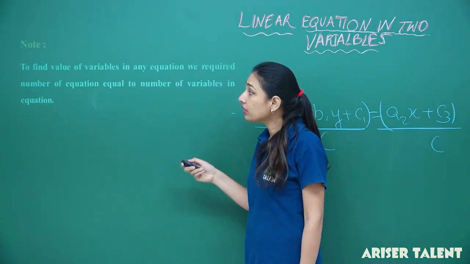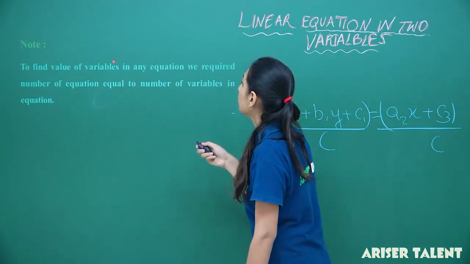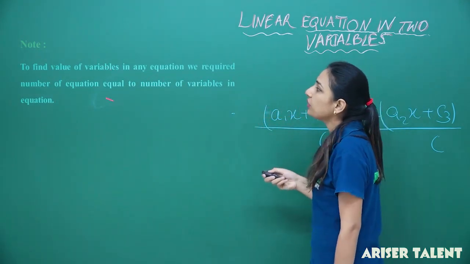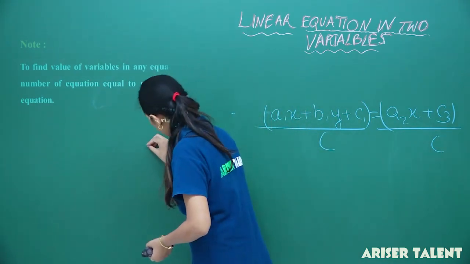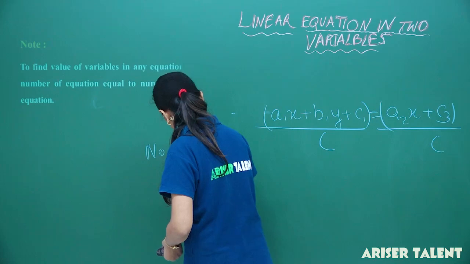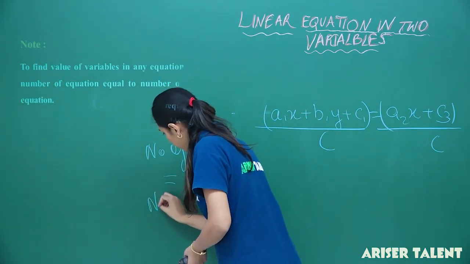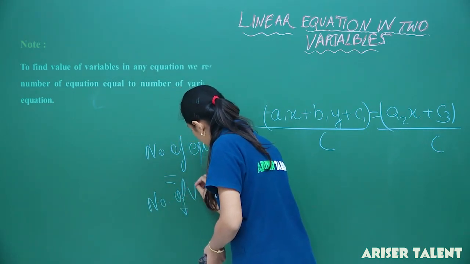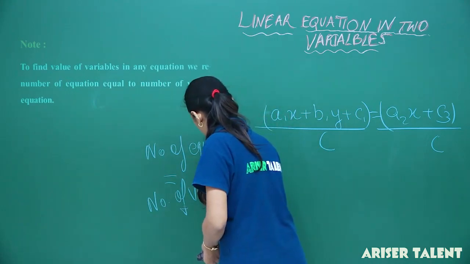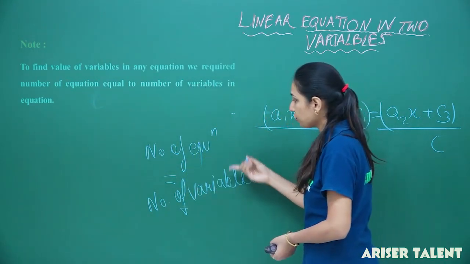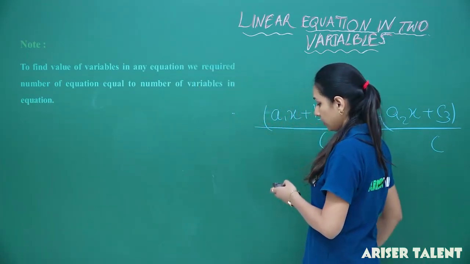Then notice, to find the values of variables in any equation, we require the number of equations to be equal to the number of variables. So here the number of equations should be the number of variables, right? Okay, this is given here.